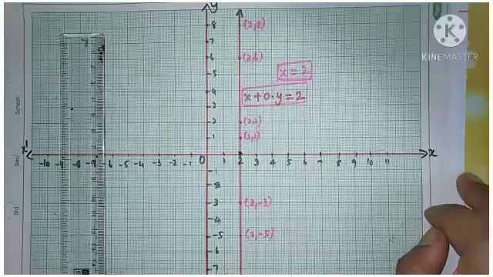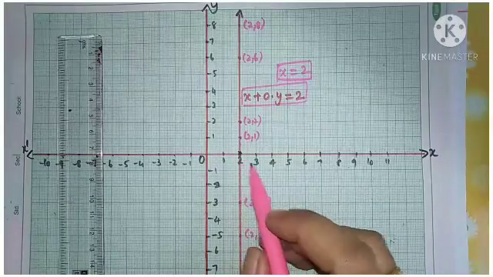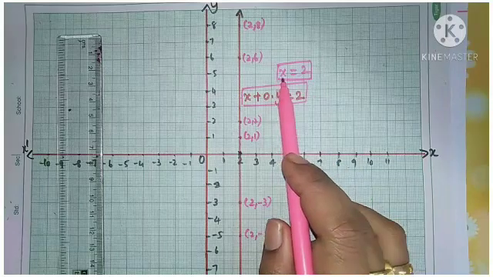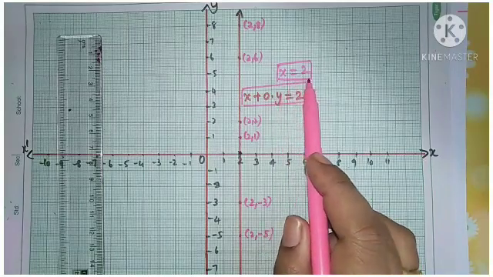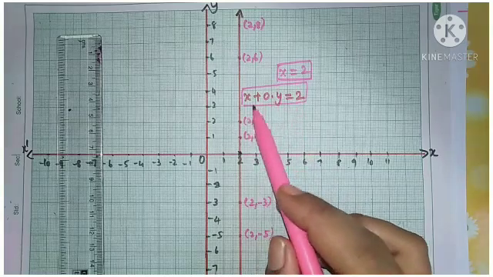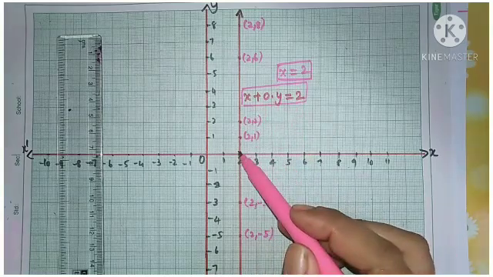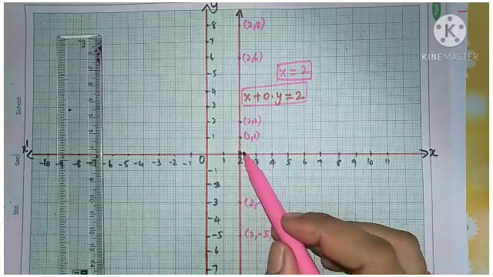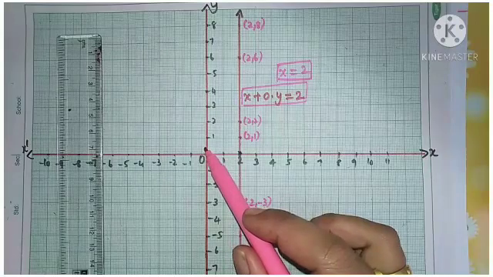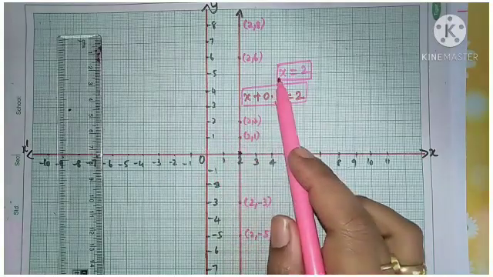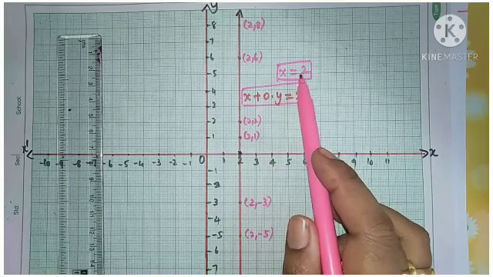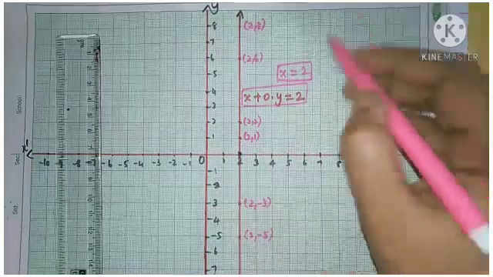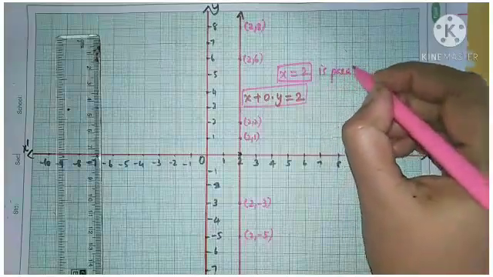From this graph, the important result is that if x is equal to a constant, here we have the equation x is equal to a number, when we do the geometrical representation, through this 2 we draw a line. That line will be parallel to y-axis, correct? So x is equal to a constant will give you a graph that is parallel to y-axis.